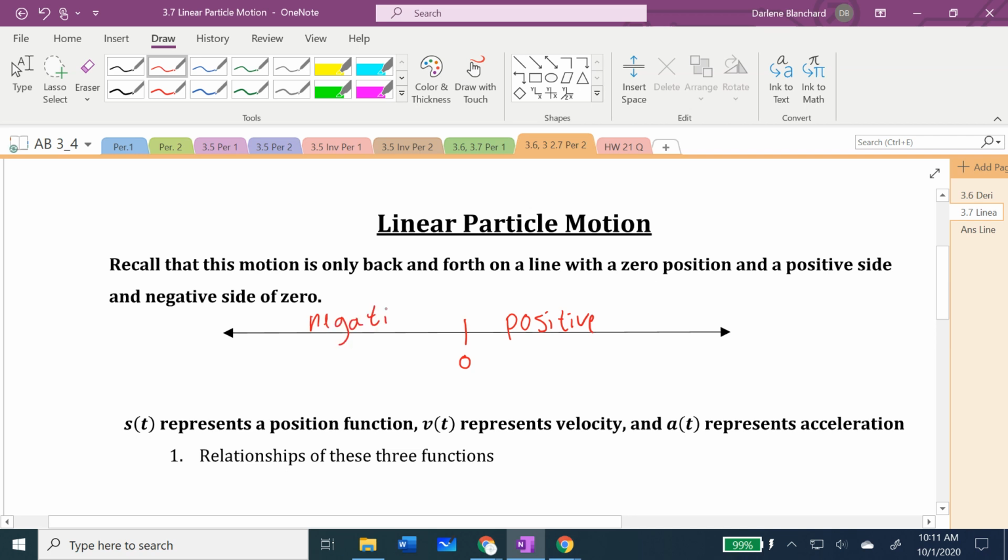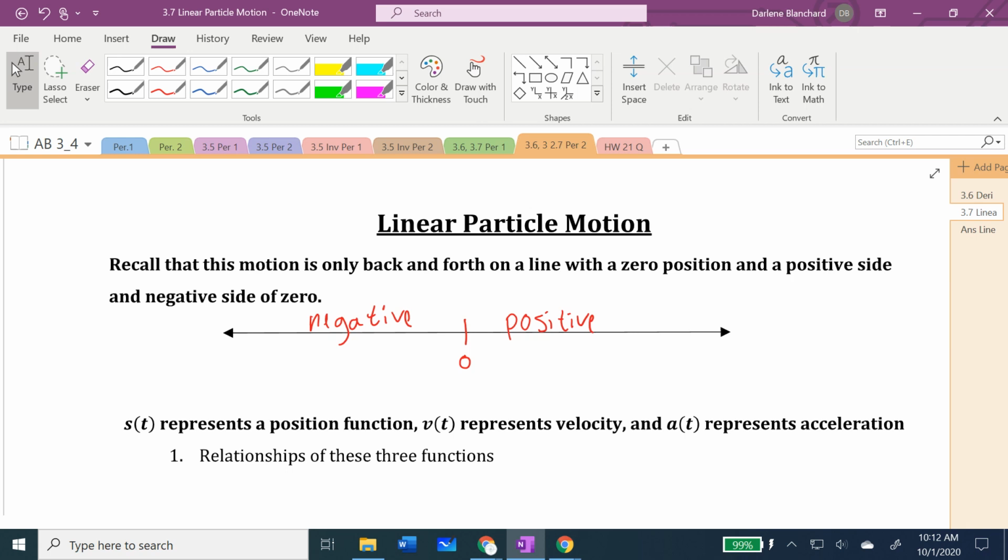In physics, you get to decide what's going to be a positive side and a negative side of 0. Here, we go with the Cartesian version of horizontally, right is positive, left is negative. Vertically, up is positive, down is negative. And other than that, you have to be told what would be a positive versus a negative direction.